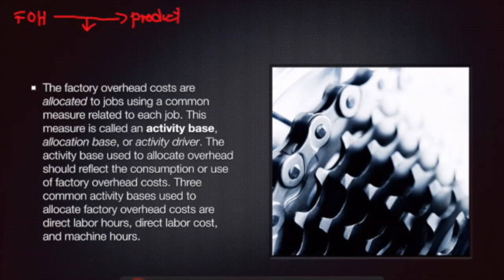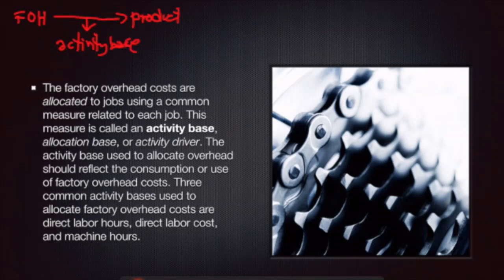So the factory overhead costs are allocated to jobs using a common measure related to each job. This measure is called an activity base. The activity base used to allocate overhead should reflect the consumption or use of factory overhead costs.